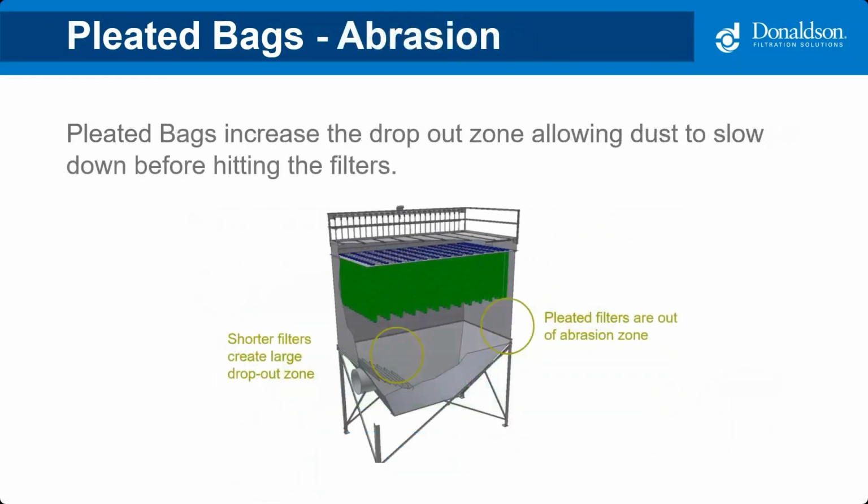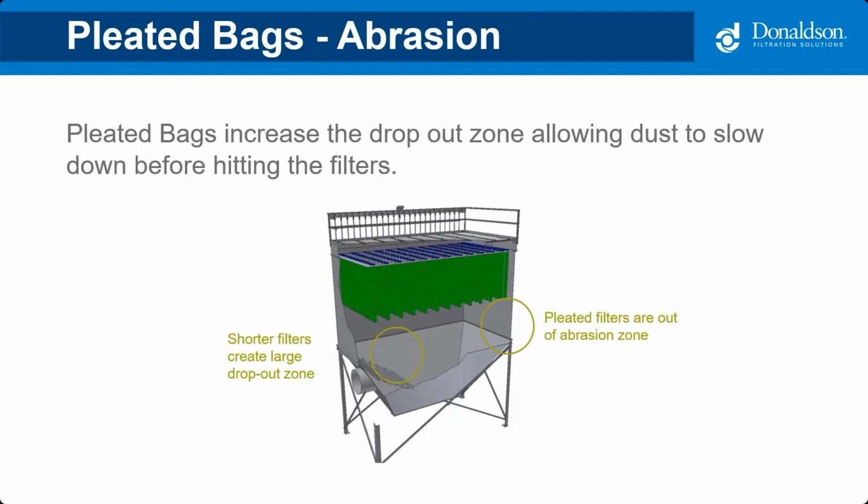But one of the main reasons that I see success in your industry is abrasion. Remember, abrasion is an issue on those filter bags. Even if you have proper baffling in, like this dust collector does, you're still going to be beating the heck out of the bottoms of those filters. If you put in pleated bags, remember a lot more cloth area, and the longest filter we make in the pleated bag is 80 inches.